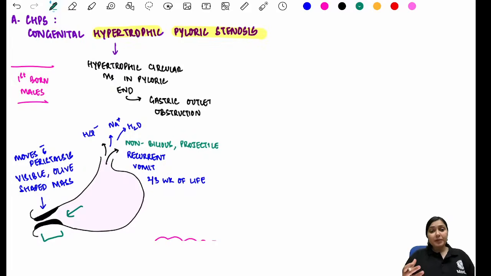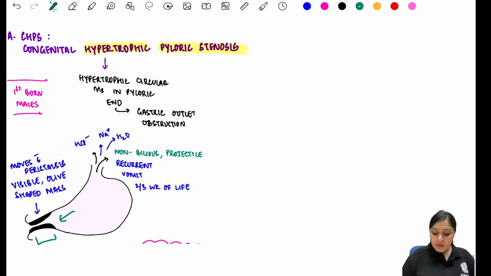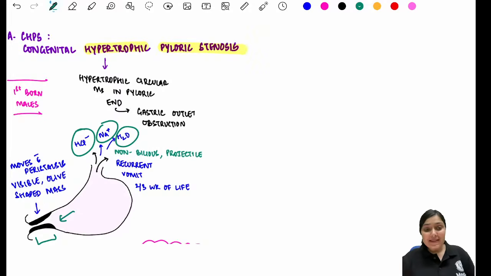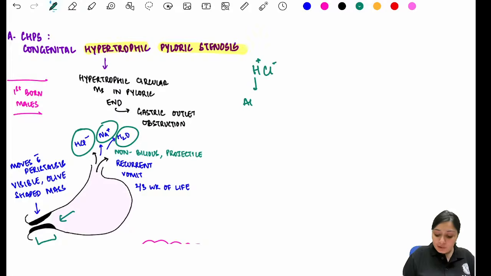And because of these multiple vomiting, what is going to happen? There is loss of water, there is loss of electrolytes, there is loss of my HCl, that is the gastric juice. So because of the loss of HCl, what will happen? There will be alkalosis, metabolic alkalosis. There will be hypochloremia.